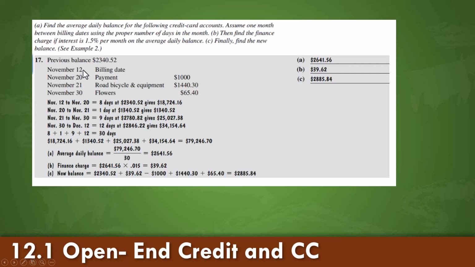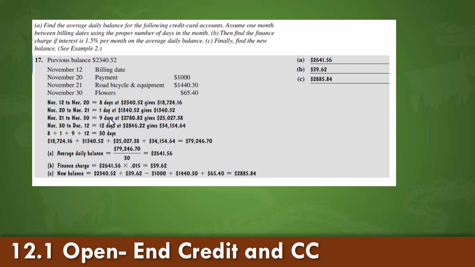So, calculating the days between purchases, 8 days, 21 days, 1 day, 9 days, 12 days, and 30 days. This is represented by from 12 to 20 is 8, from 20 to 21 is 1, from 21 to 30 is 9.